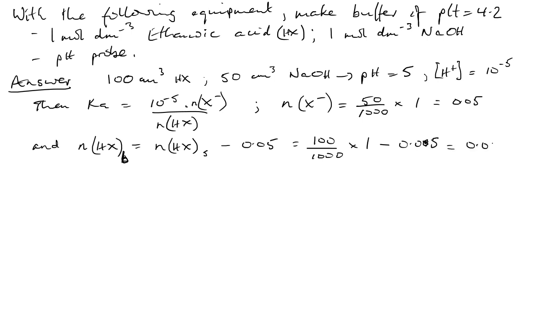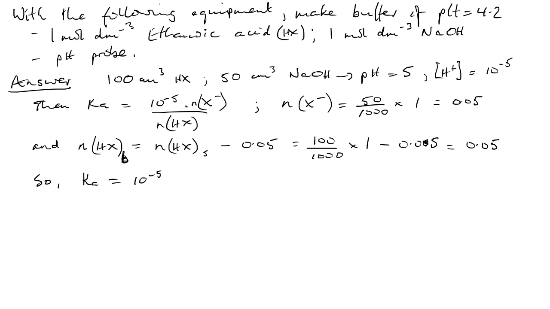So we've got 0.05 of HX. Then your 0.05s are going to cancel conveniently, and we can say that Ka is 10 to the minus 5 times 0.05 divided by 0.05, so 10 to the minus 5. So now we have Ka.